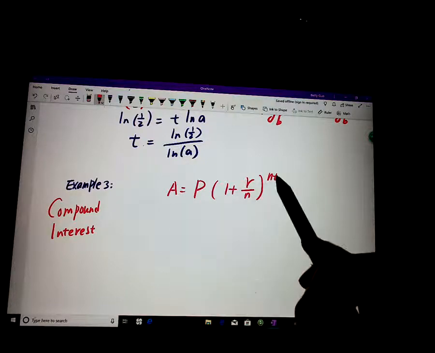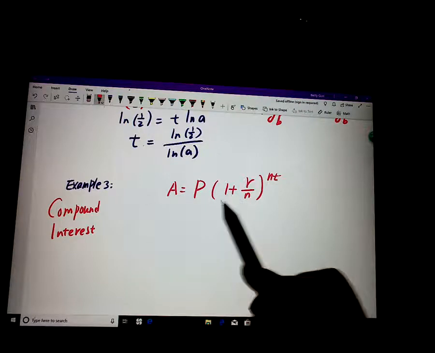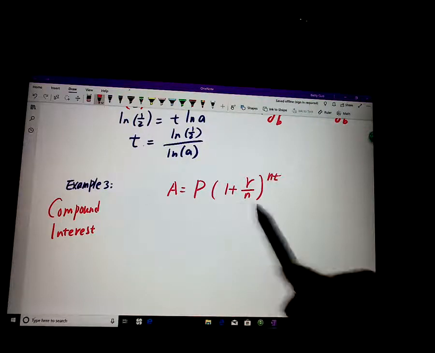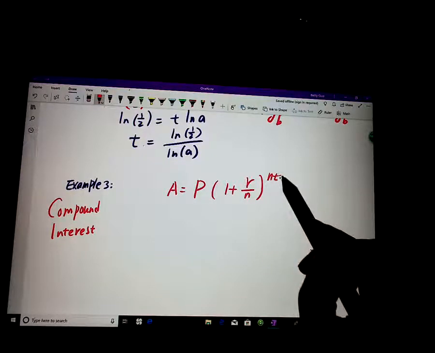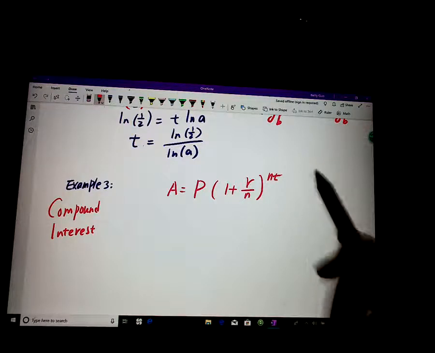This is the formula for the accumulated balance if the interest is compounded n times a year. n here is the number of times that the interest is compounded in a year, and t here is time in years. So if you keep your money in an account for 18 months, the value of t is not 18, okay? The value of t is 1.5. Try to figure that out.